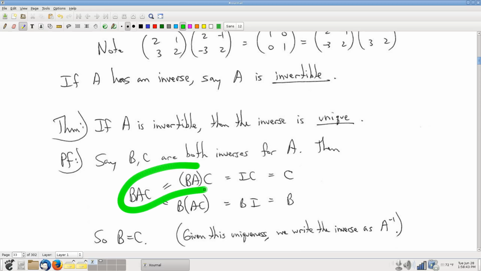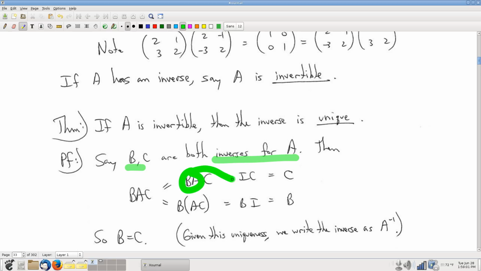However, note the following. First, we observe that we can do the left multiplication first. Right? Multiply B times A before we get around to multiplying by C. This is using the associativity property of matrix multiplication. Of course, B being an inverse for A, we know that BA is the identity. And of course, the identity times anything is itself.